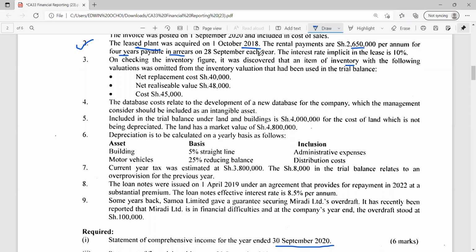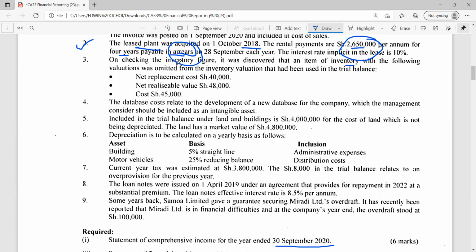The interest rate implicit in the lease is 10%. The lease plant was acquired on 1st October.